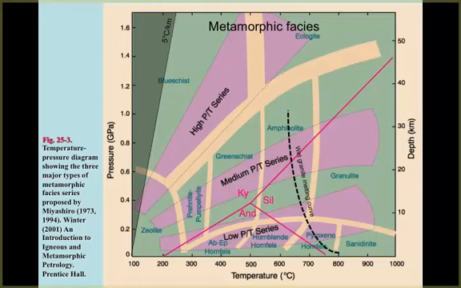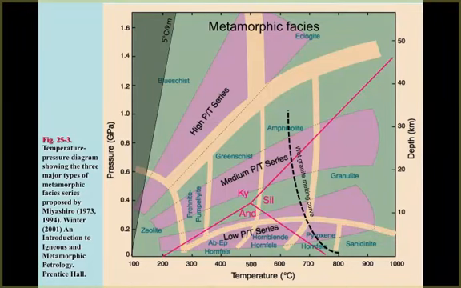Down in the contact metamorphic zone at low pressure and high temperature, we're seeing hornfelses and sanidinites. These are rock names appropriate for different assemblages at those pressure and temperature conditions.